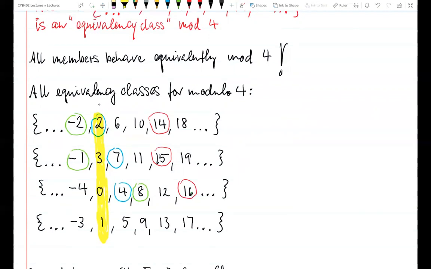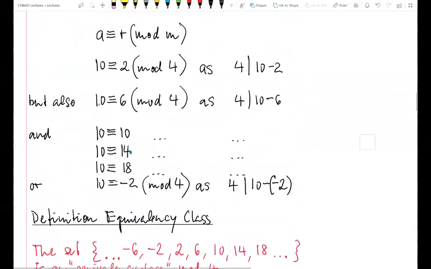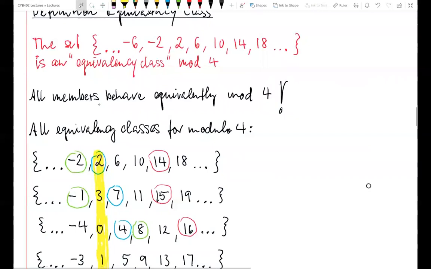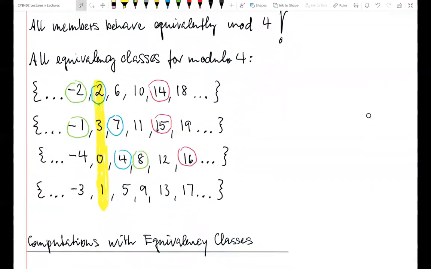Like for instance, if we choose A to be 11 instead of 10, okay? So that would change our equivalency class, and we get a new equivalency class where again the members have a distance of 4 in both directions.